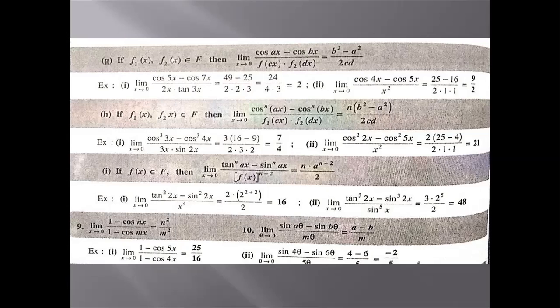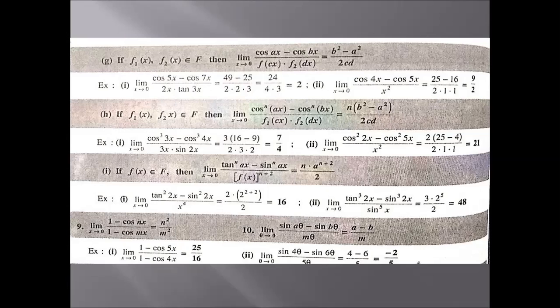The answer is 16. Limit x tending to 0 of tan cube of 2x minus sin cube of 2x divided by sin raised to 5 of x is equal to 3 into 2 to the power 5 divided by 2. The answer will be 48.